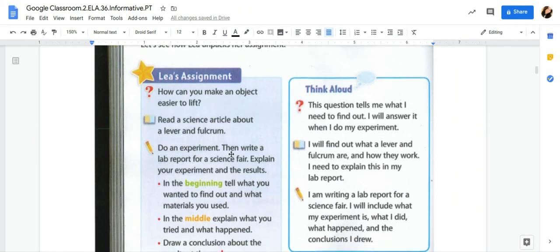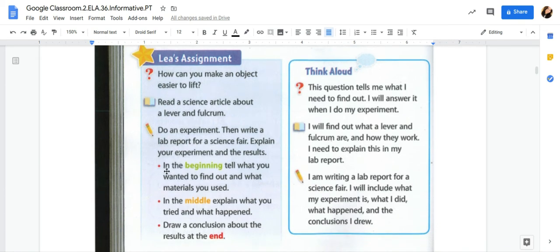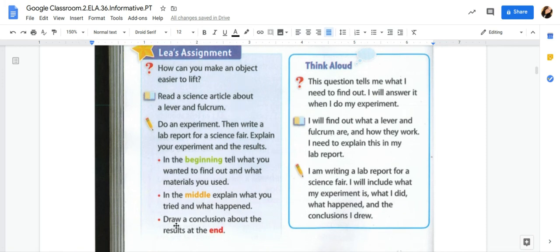Do an experiment, then write a lab report for a science fair. Explain your experiment and the results. In the beginning, tell what you wanted to find out and what materials you used. In the middle, explain what you tried and what happened. Draw a conclusion about the results at the end.